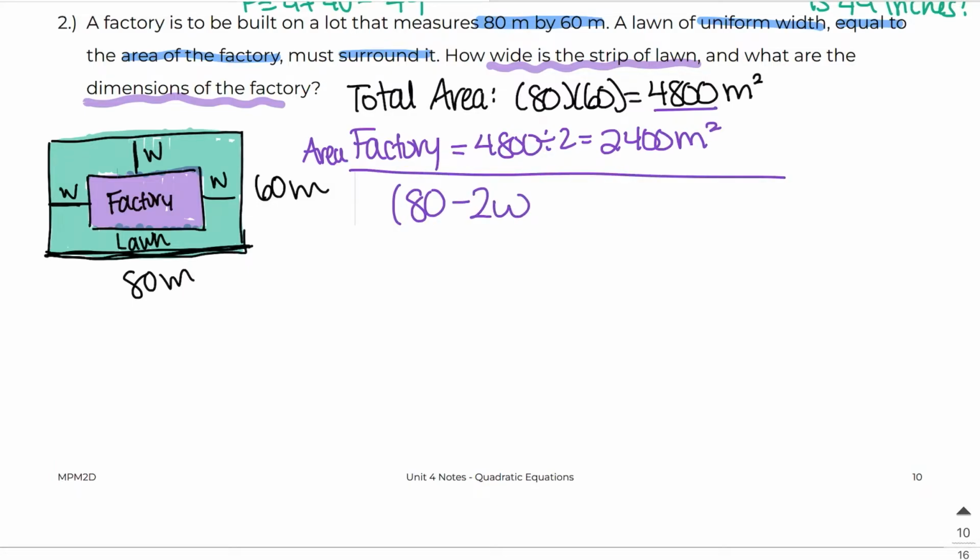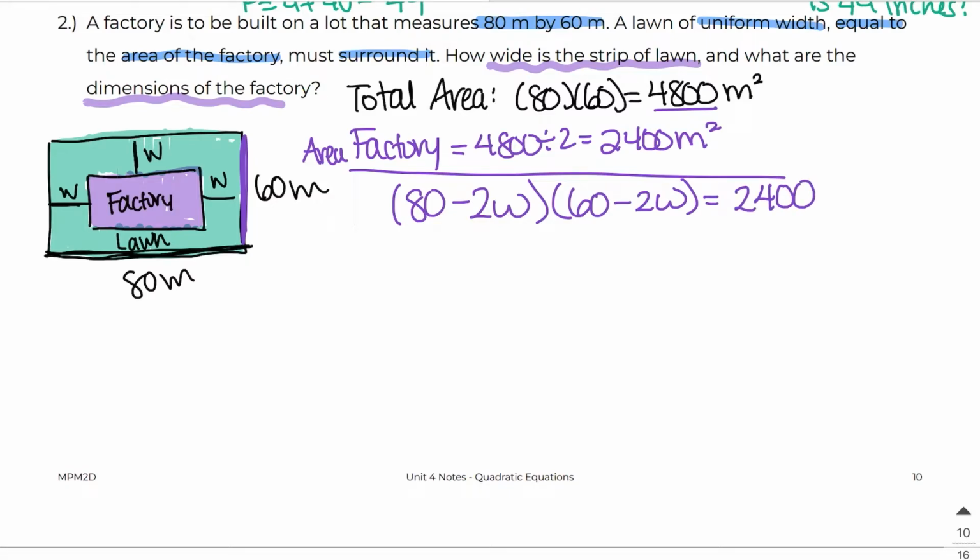Okay? And then we want to do the same thing for the width. So we know the full width is 60, but we're taking away one of these W's and another one of these W's. So by doing that right here, we've got 60 minus 2W. And that altogether should equal half the total area, which is 2,400.